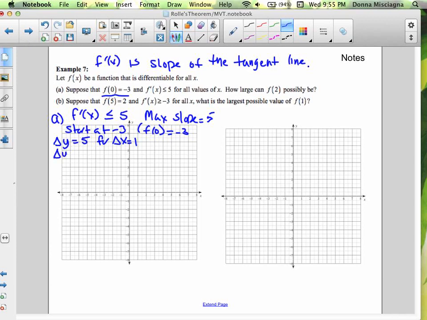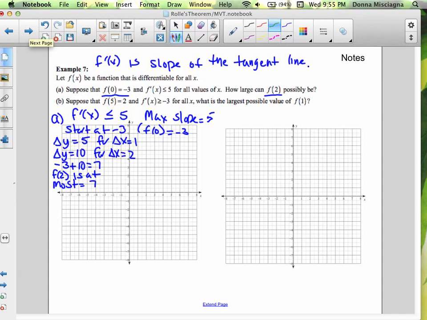So the change in y would be 10 for a change in x equaling 2. And we want how large f of 2 would be. So x is changing by 2, y is going to change by 10. We're starting at negative 3, so negative 3 plus 10 would be 7. So f of 2 is at most equal to 7.